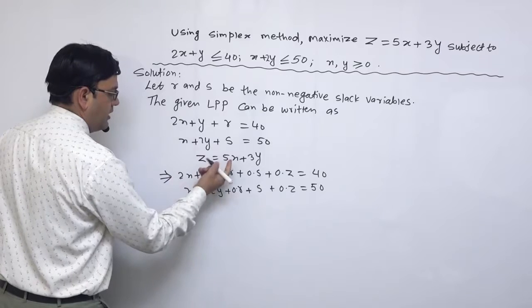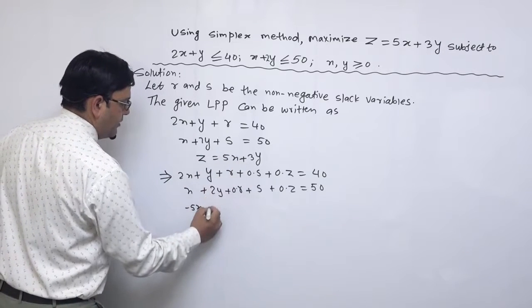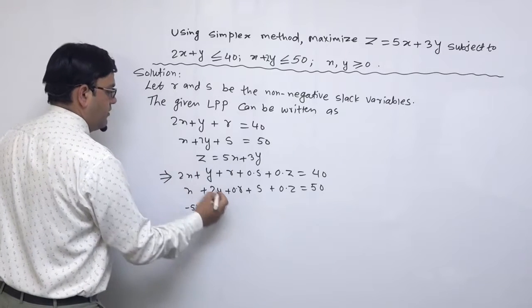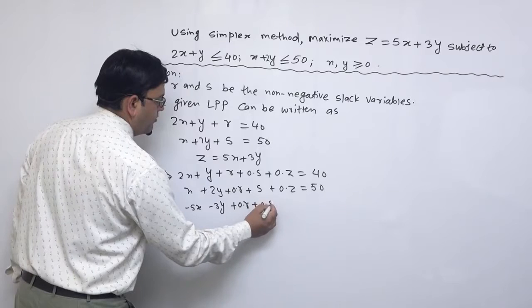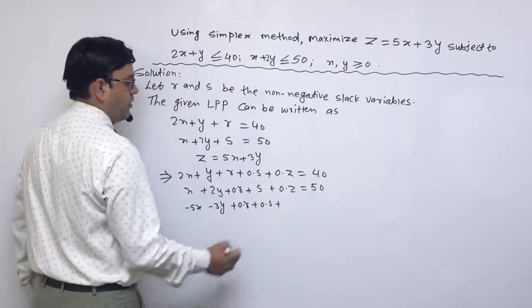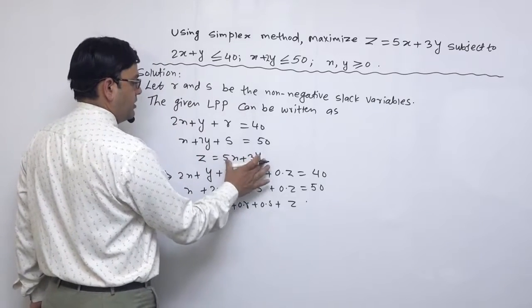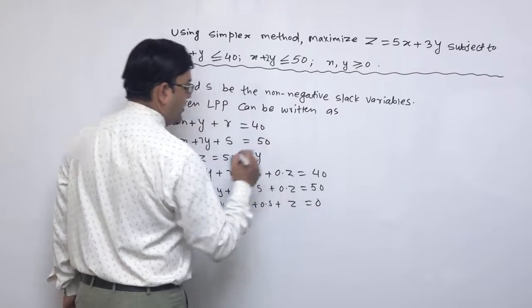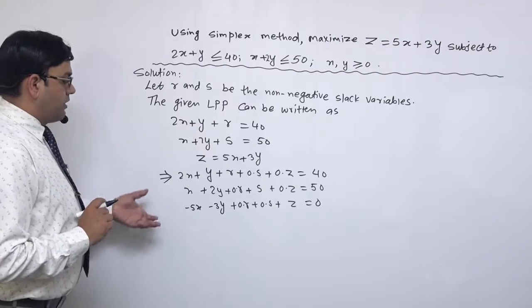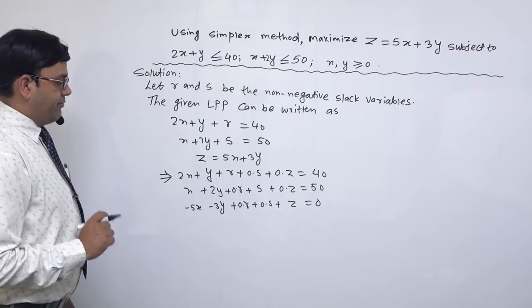Similarly for the last one, if we bring these to this side, there will be minus 5x and minus 3y, plus 0 r, plus 0 s, plus z, we have 1 z, equals to 0 on the RHS. Now we are going to write this in simplex table form.